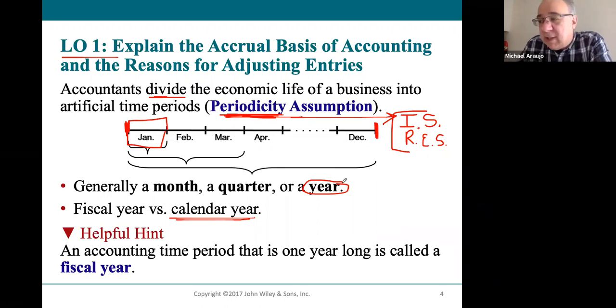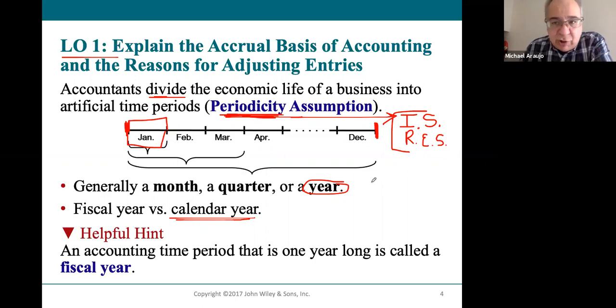I mean, you look at Procter and Gamble, that has made a number of different household products, cleaners and shampoos and soaps and laundry and other types of things. They've been in business for well over 100 years. They've had to keep separate records for each and every one of those years in accounting.